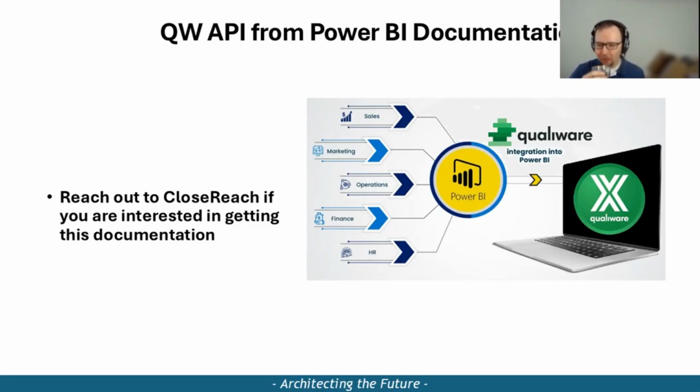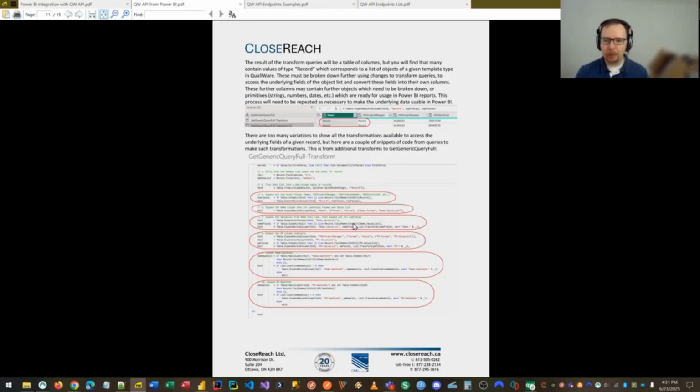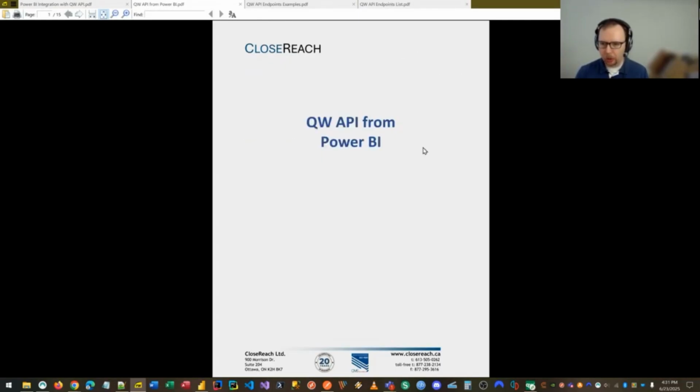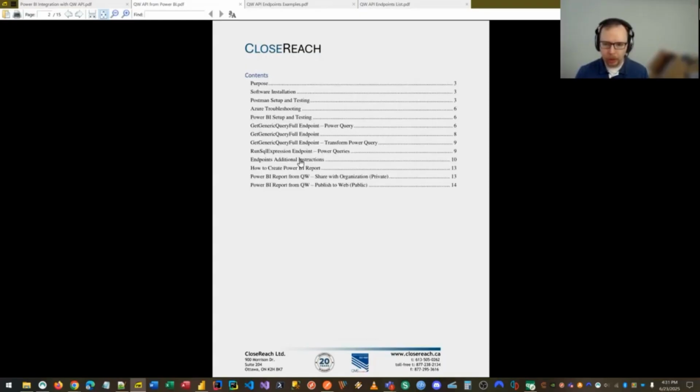Is it possible you share with us this API integration documentation, if it's possible, and some examples of the Power BI queries? Yes, absolutely. I've prepared a documentation package, and it includes this document, which shows you everything from preparing your queries, the whole process, setting up Azure, working in Postman.